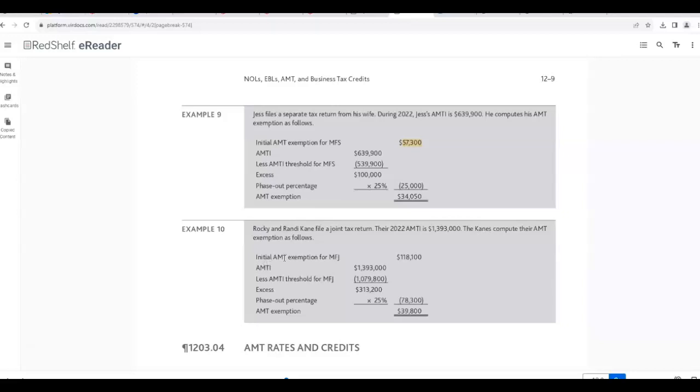The initial AMT exemption is 118,100, which is perfectly correct for 2022. So if example 9 confused you, go to example 10 and every single thing will be clear.